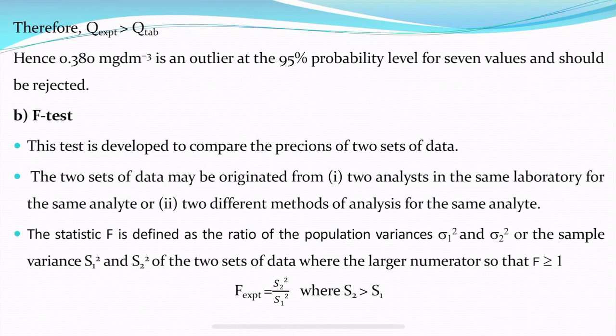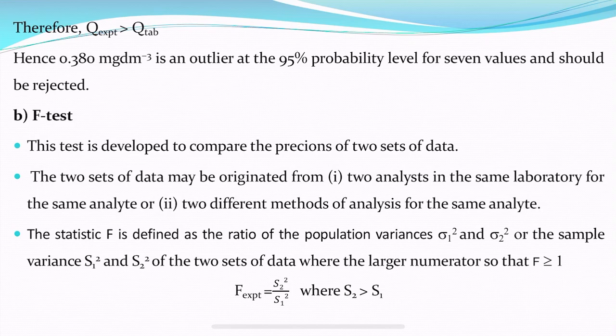Hence 0.380 is an outlier at the 95% probability level for 7 values and it should be rejected. In this way I can justify why I am rejecting the value 0.380: it is an outlier and its Q value is greater than the Q tabulated value.